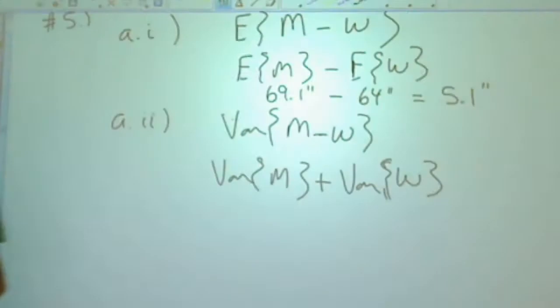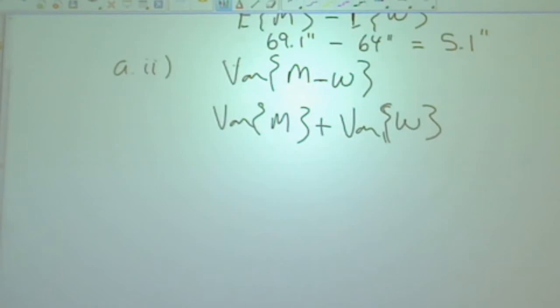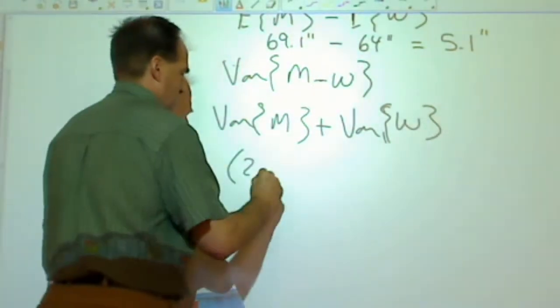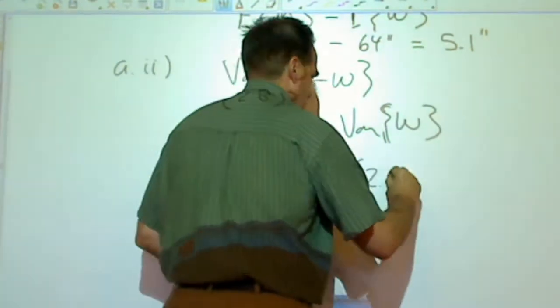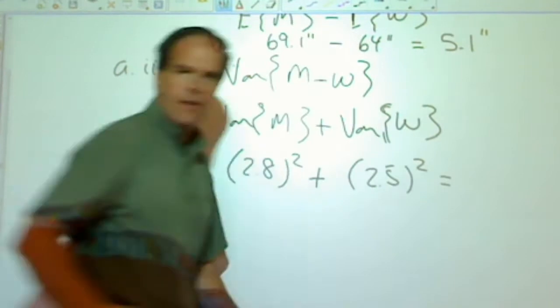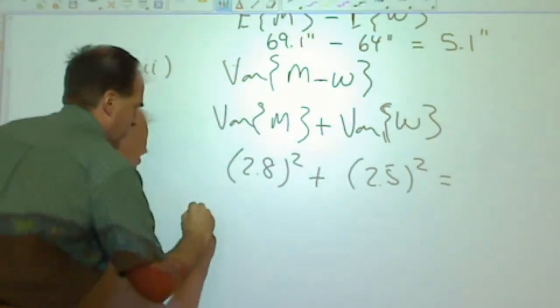Did we give you information to get the variance of men? Yep. So 2.8 squared, plus 2.25 squared.